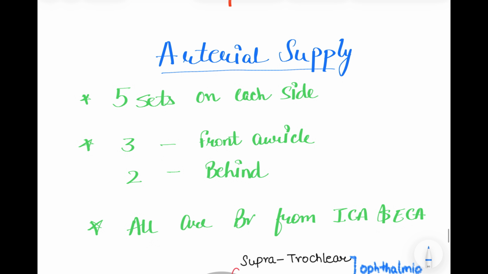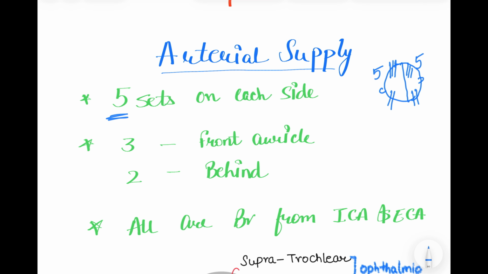Now we will talk of arterial supply. For the arterial supply, you just have to remember that there are 5. If I say this is the topmost view of my scalp, I am going to divide it into 2 halves, 5 on this side and 5 on this side. And if these are my 2 auricles, I am going to have 3 in front of the auricle, 2 behind.